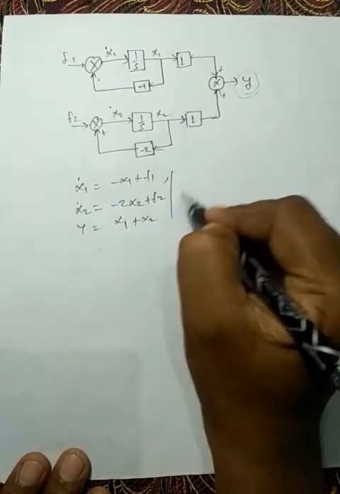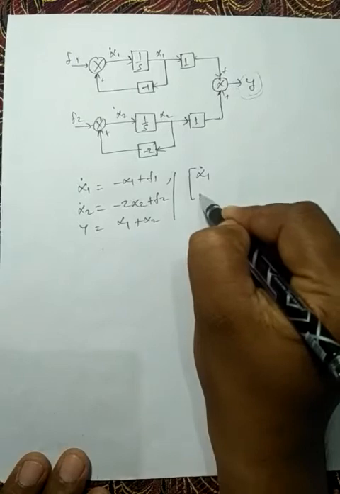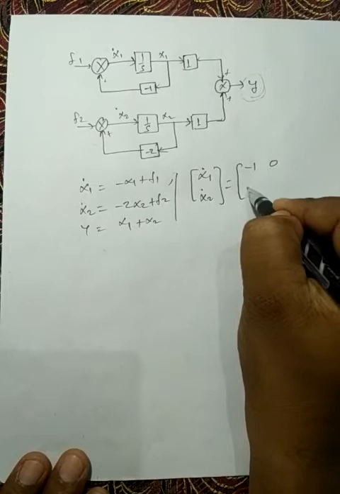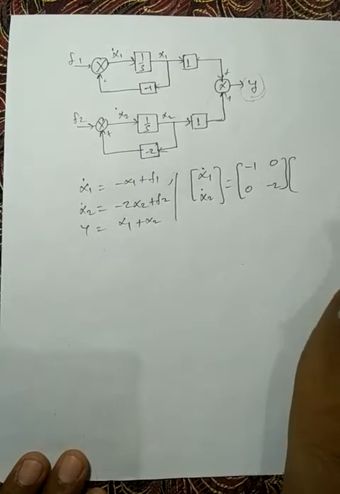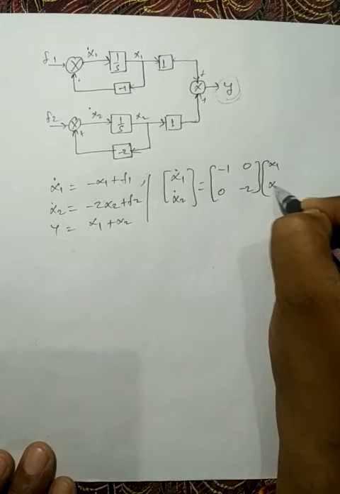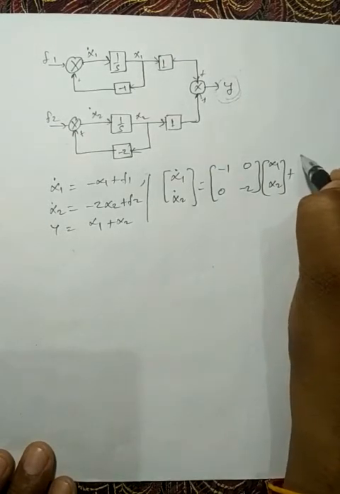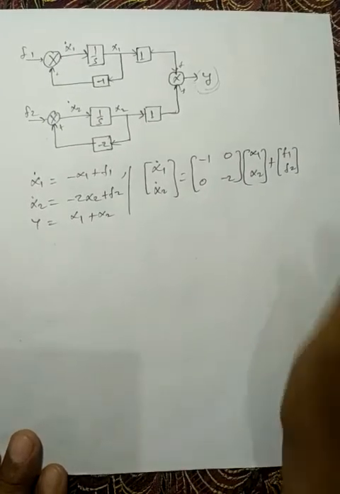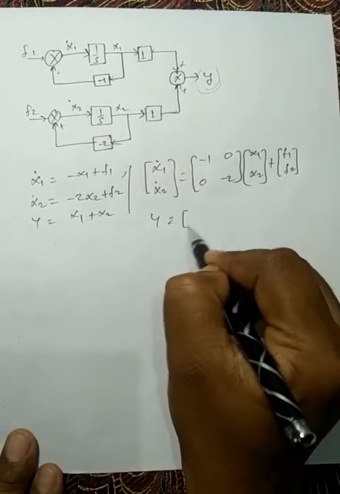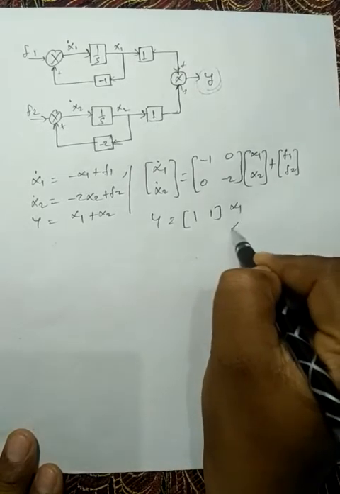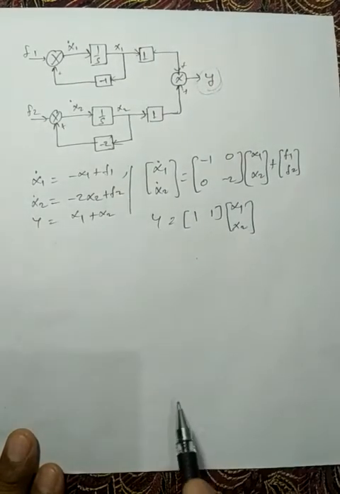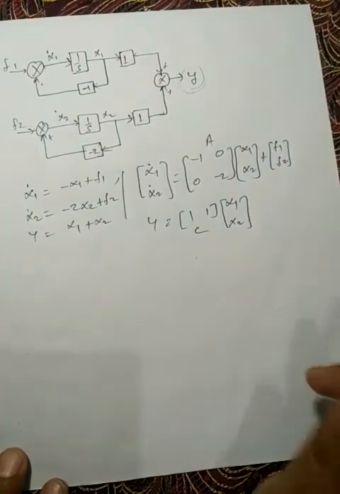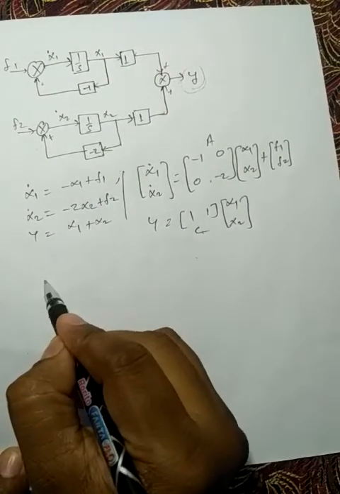In matrix form, x1 dot, x2 dot equals -1 0 0 -2 times x1, x2 plus f1, f2, right? And y is equal to 1 1 times x1, x2. So we have matrix A and matrix C. We have to test for observability, so we need only these two matrices.